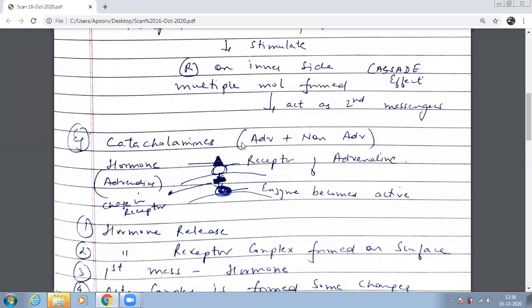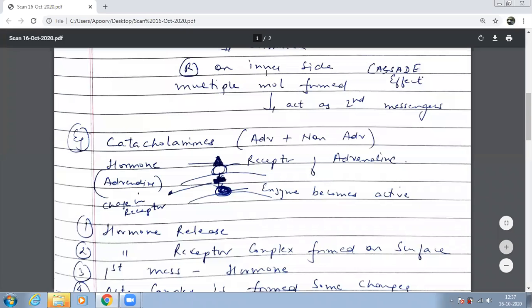In stressful conditions, do you need help immediately, or can you wait comfortably? Immediately. So which kind of hormones would you need? Hormones that help you in stressful conditions. I'm talking specifically about adrenaline. Should it be a slow acting or a quick acting hormone? Quick acting hormone.